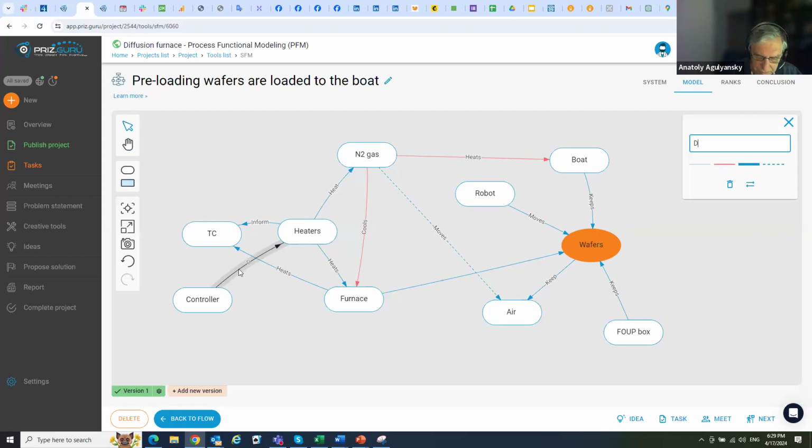And thermocouples also inform the controller.